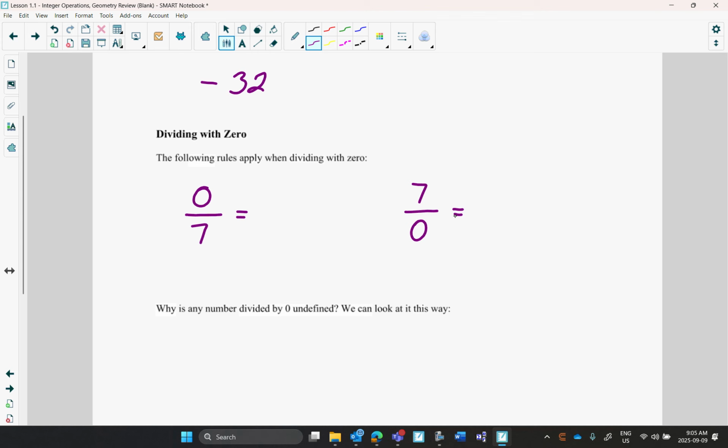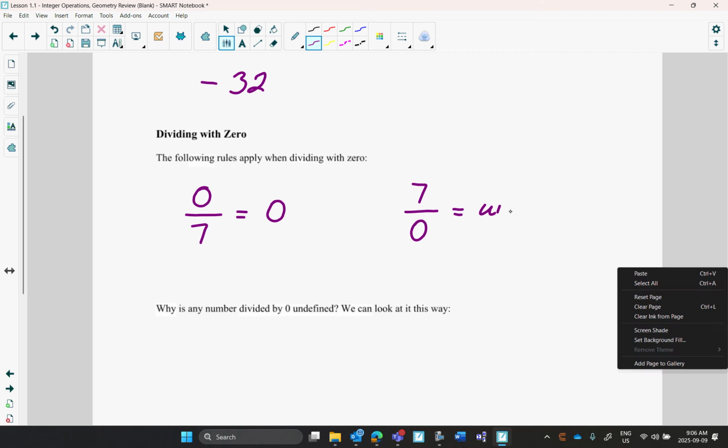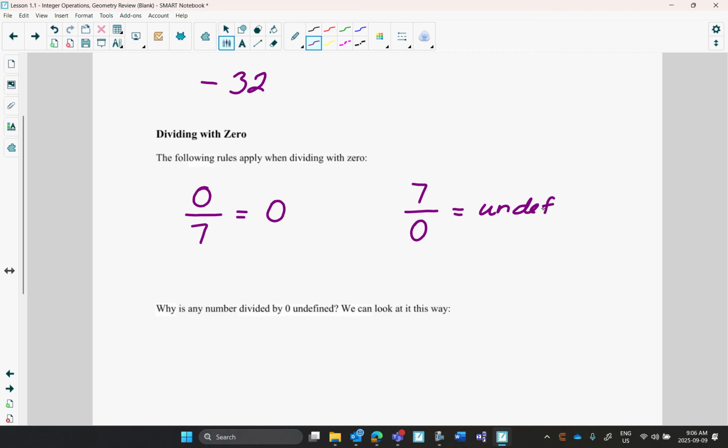Crickets. What do you think? 0. So whenever we divide 0 by a number, the answer is always 0. But what's 7 divides 0? Undefined. We don't know what the answer is. And why is that the case?